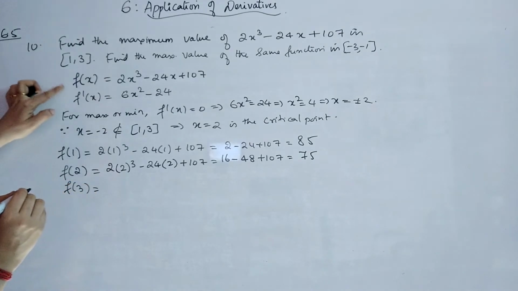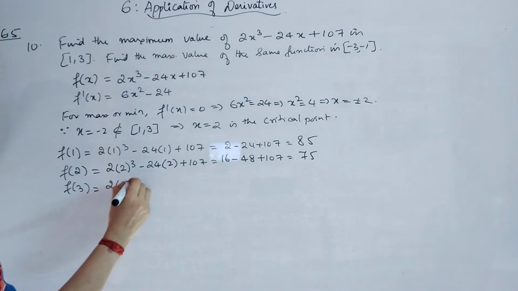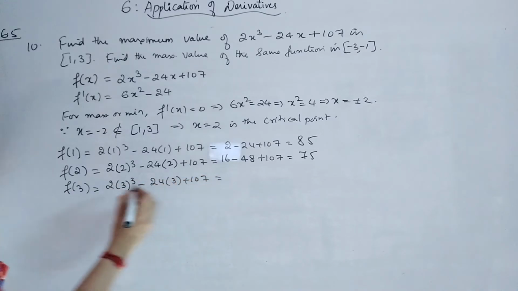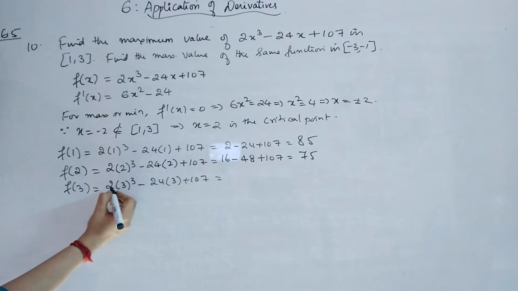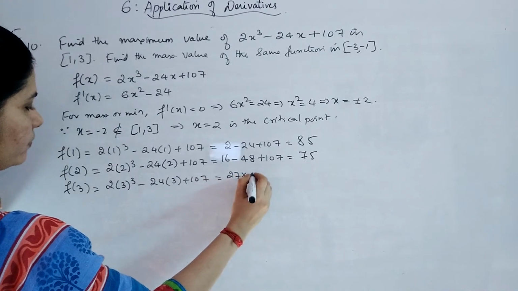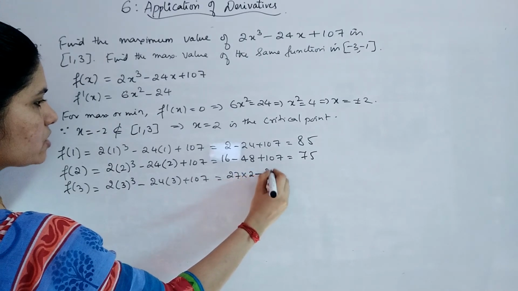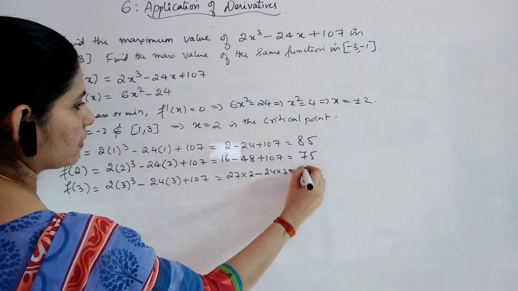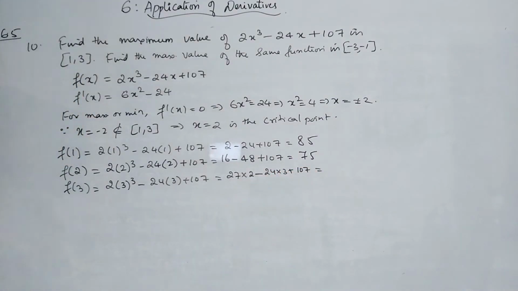For f of 3 again check 2 into 3 cube minus 24 into 3 plus 107. So here you are getting 27 into 2, minus 24 into 3 plus 107. How much will you get? 54 minus 72 plus 107.